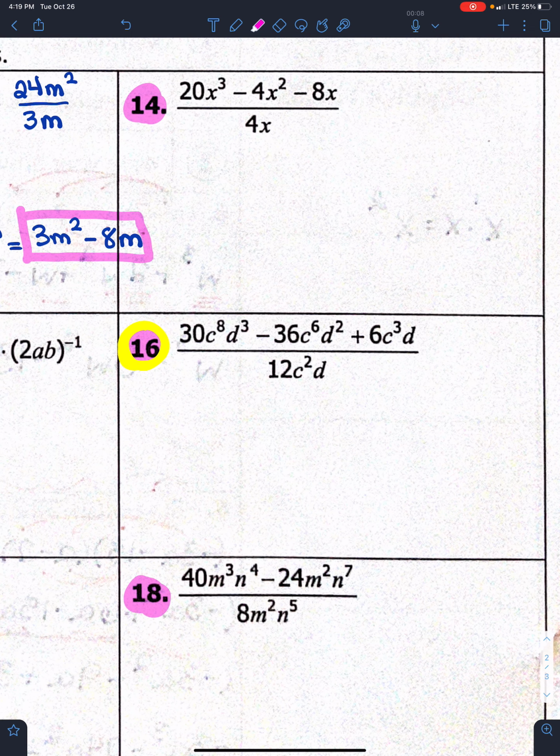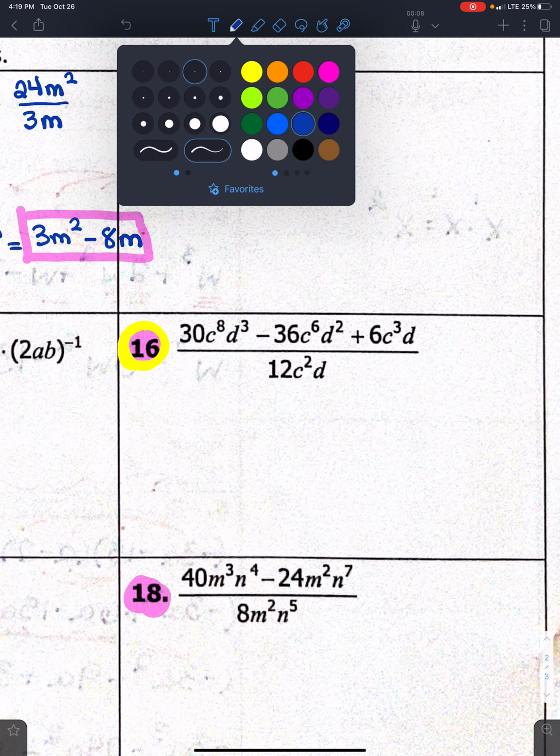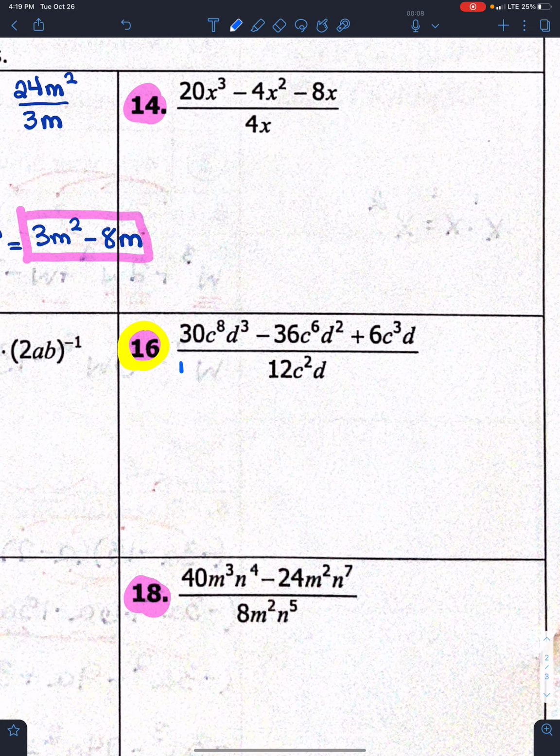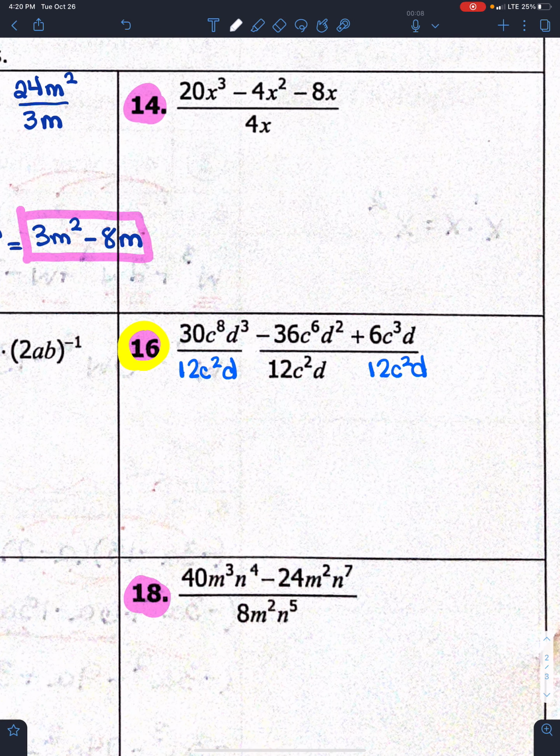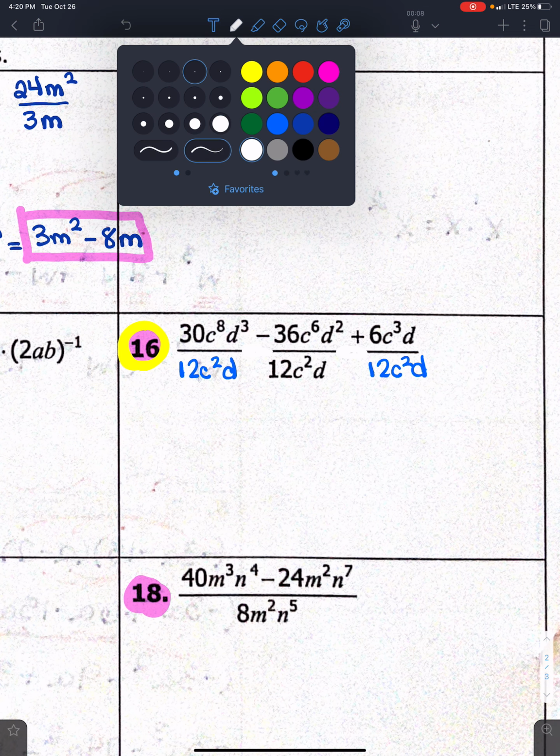Okay, so every term is going to be written over 12c squared and d. Trying to erase some of this so it looks like it's 3 different fractions here. So if we have these 3 fractions, they all still have that same common denominator.